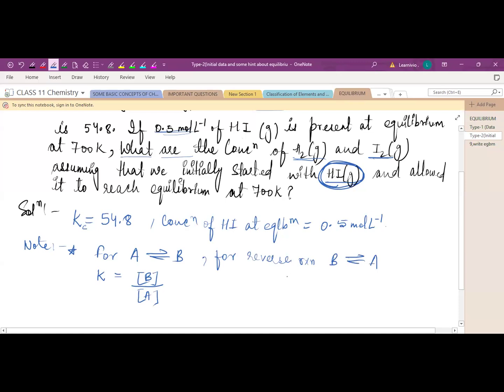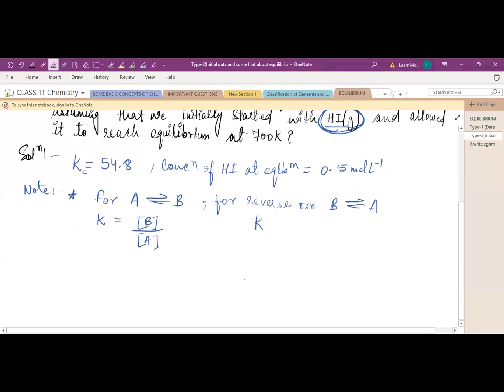For the reverse reaction, suppose the constant is K dash. How will you write the expression? It will be the concentration of A upon the concentration of B.